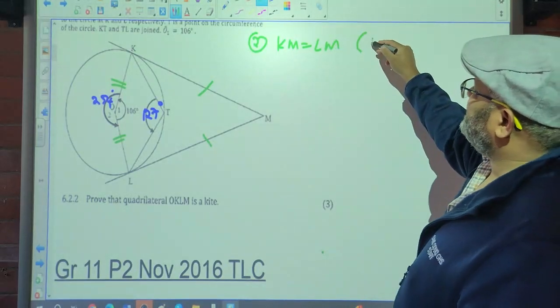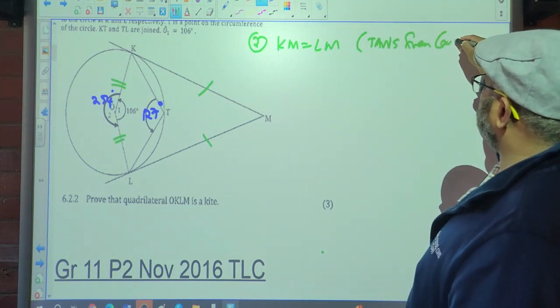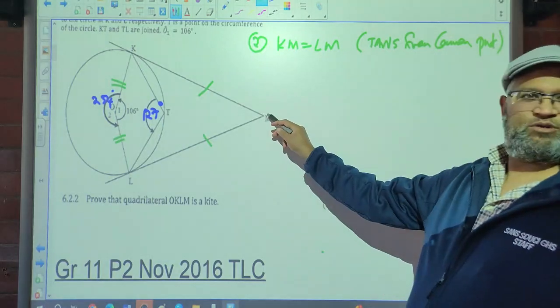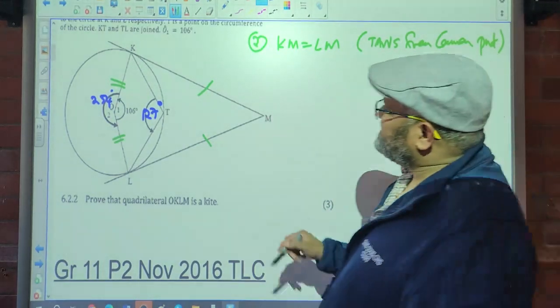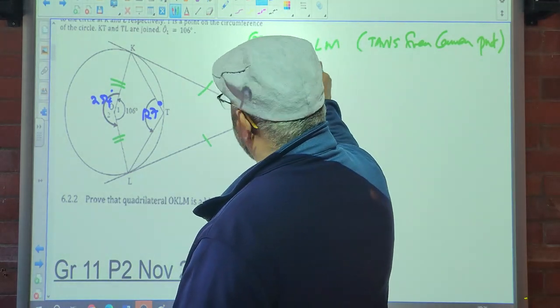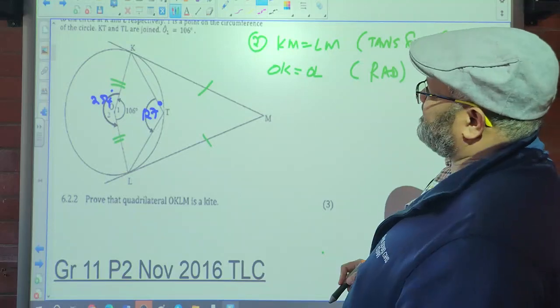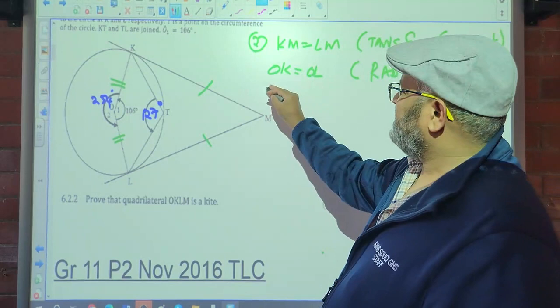Why? Tangents from a common point, which is M in this case, or external point. Then we know that OK is equal to OL. Why? Radii.